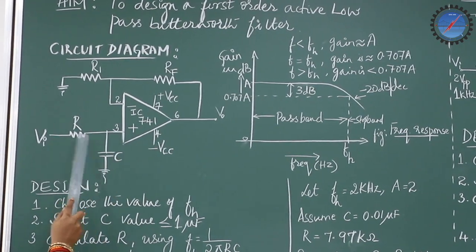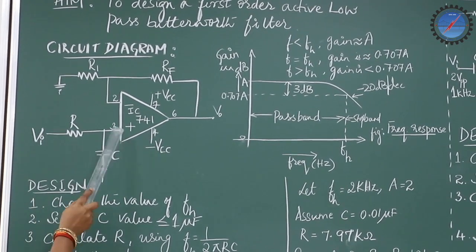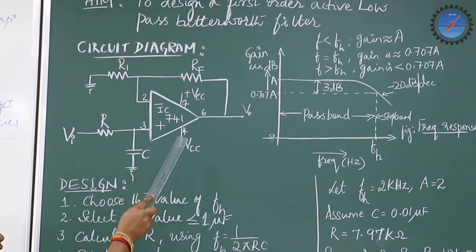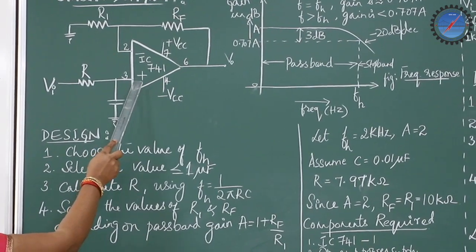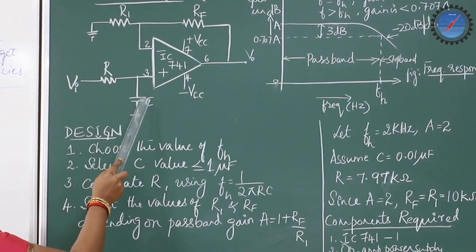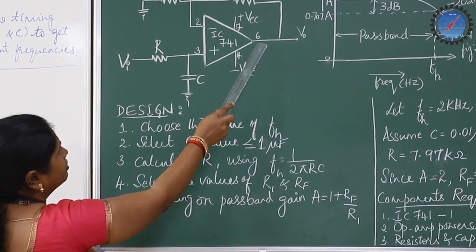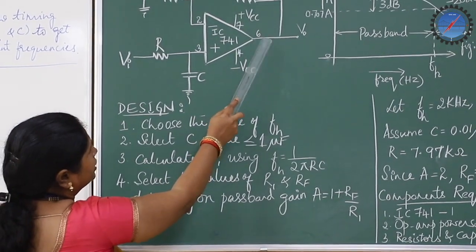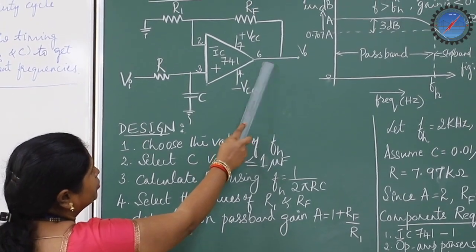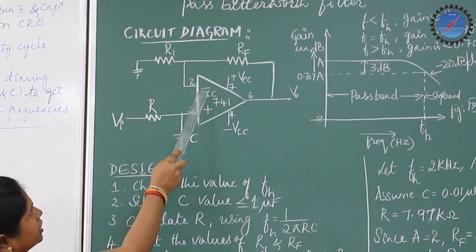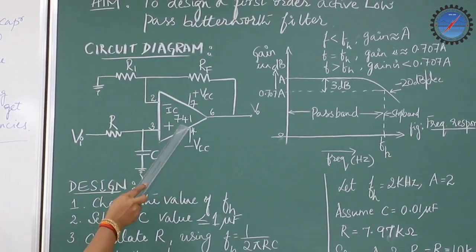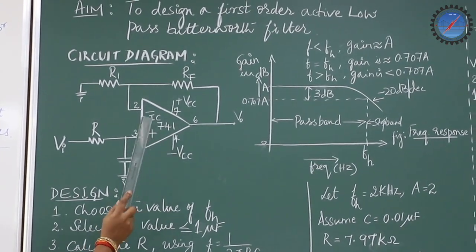We know that the operational amplifier is an 8-pin IC, and we have applied the input at pin number 3 through this RC network, and we have negative feedback from pin number 6, which is our output pin. From pin number 6 it is connected to pin number 2 of the op-amp.